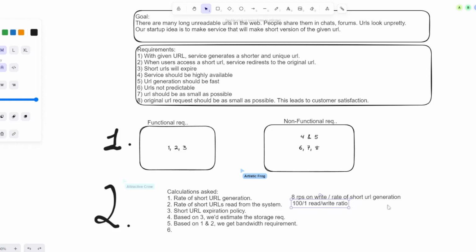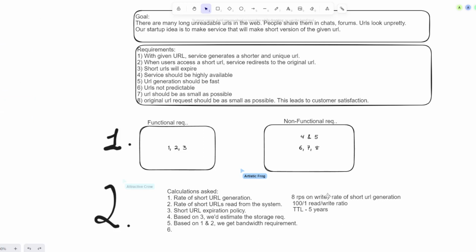So for every write, for every URL generation, 100 read requests. About short URL expiration policy, I would say that every URL's time to live is 5 years.